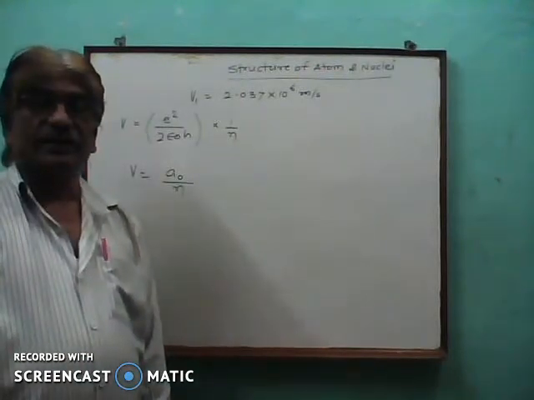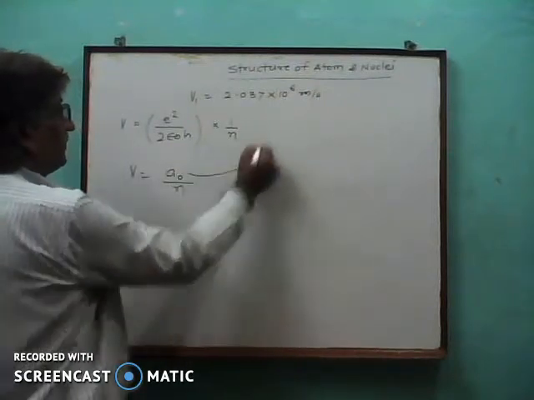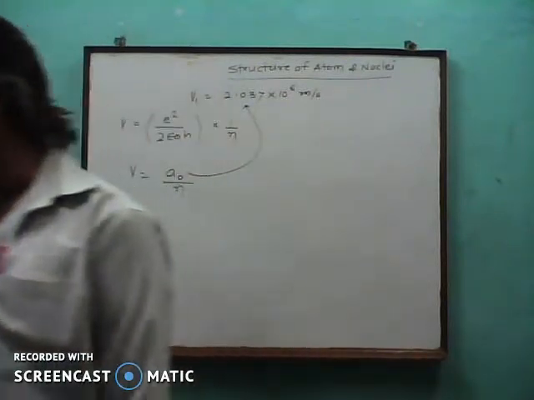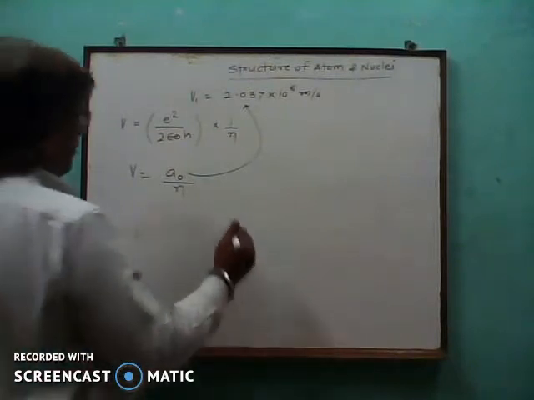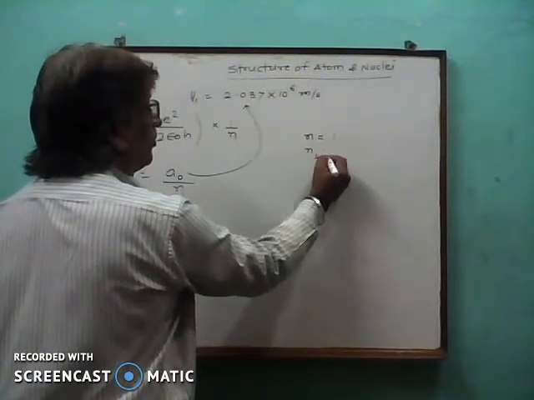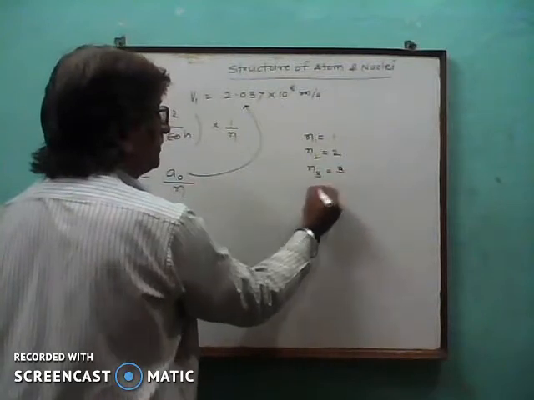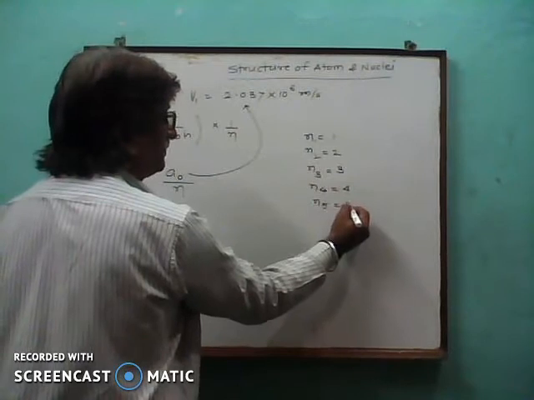See here, in the ground state its value will be 2.037 into 10 to the power 6. We can also find out the velocity of the electron for the first orbit, second orbit, third orbit, fourth orbit, and fifth orbit.